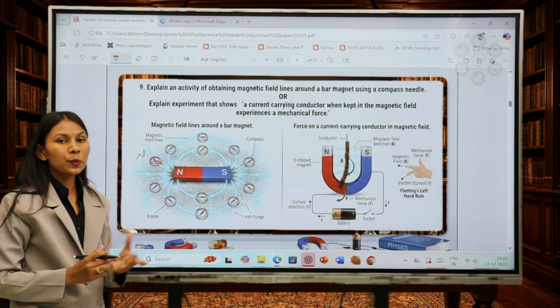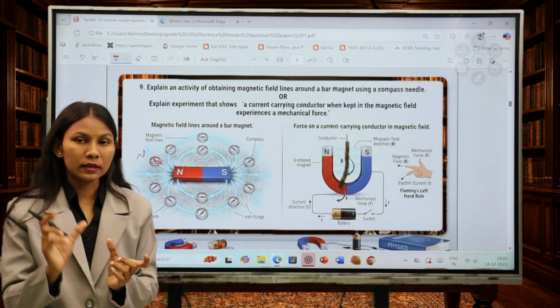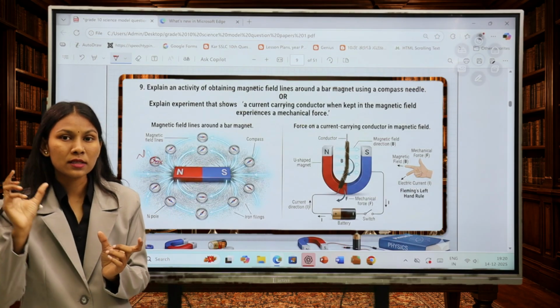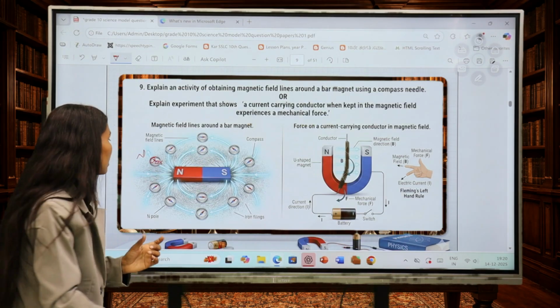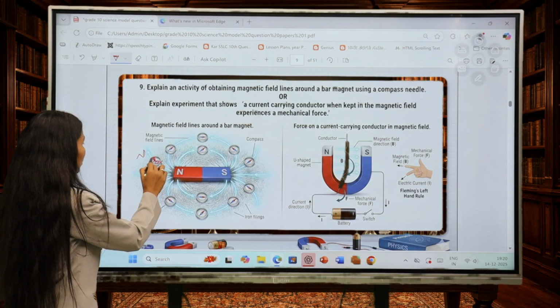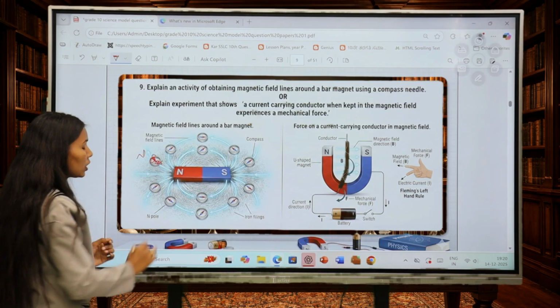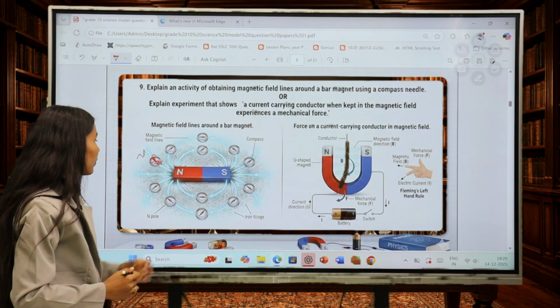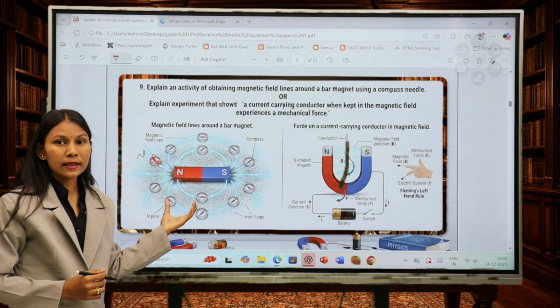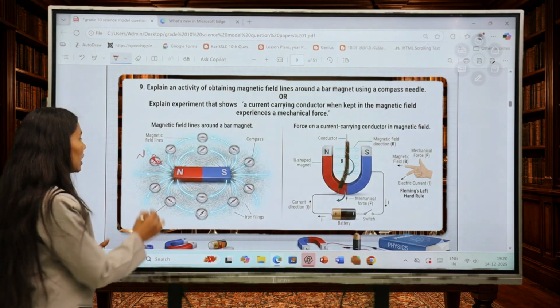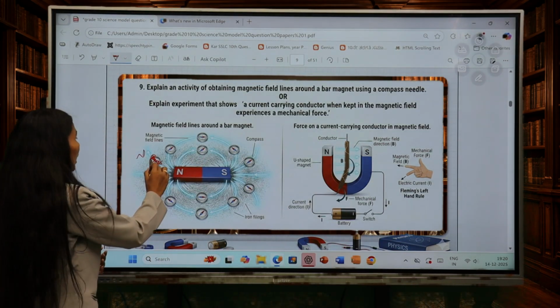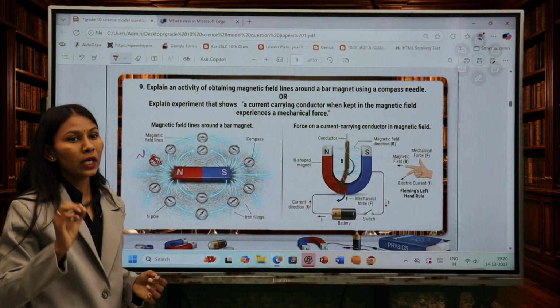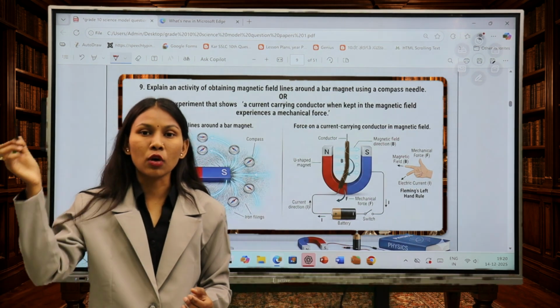Here, once we bring the compass near the bar magnet, it deflects. As you can see, the north is pointing outward but the south is pointing inward. That means this side of the bar magnet is the north pole, which is why the compass north is repelling back. So we can easily get to know that one side of the bar magnet is north.